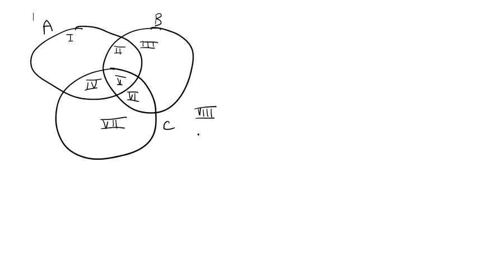So in one way we could actually start right here. How would I write that 8th compartment? Well, it's not A and it's not B, right? So it's A complement intersect B complement, nor is it C. So it's none of these.